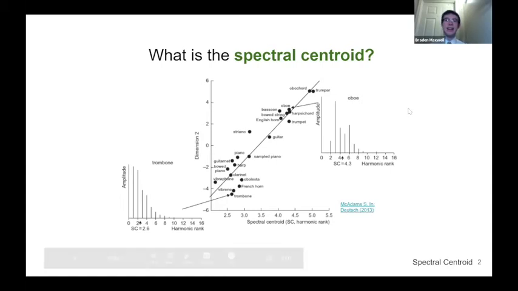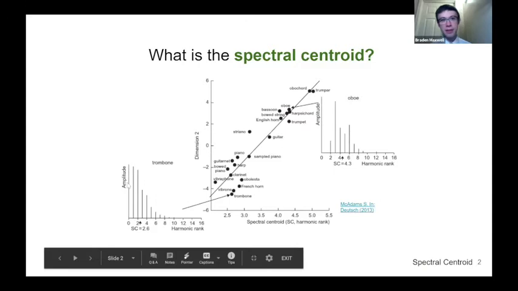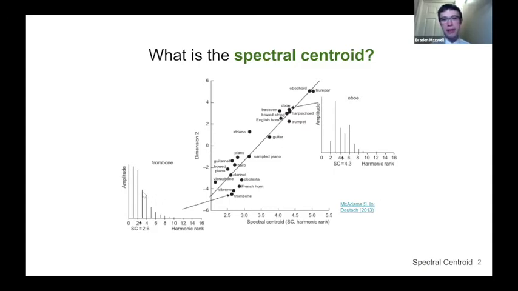And you can see that all other things being equal, the oboe would have more energy at higher harmonics and the trombone at lower harmonics. And so we say the oboe has a higher spectral centroid, the trombone has a lower spectral centroid. And the descriptor of spectral centroid has been associated, again, as many people have said already in this conference, with the perception of brightness.